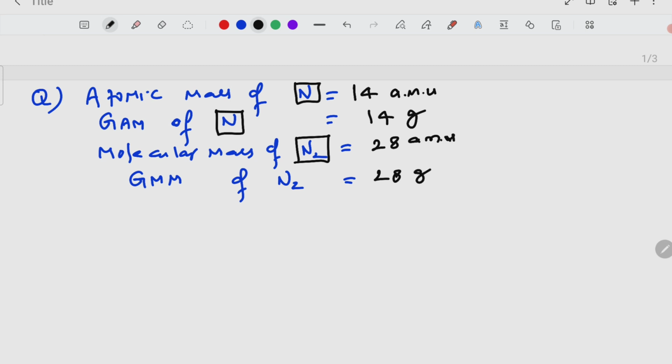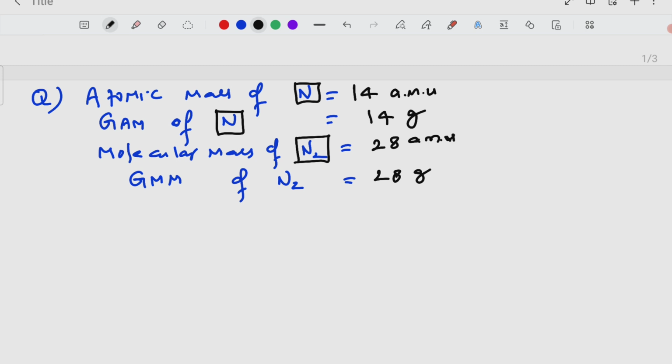See the difference here. Whenever we take molecular mass we take N2 molecules, and for atomic mass we take nitrogen atoms. So this is the most important difference between atomic mass, gram atomic mass, molecular mass and gram molecular mass.